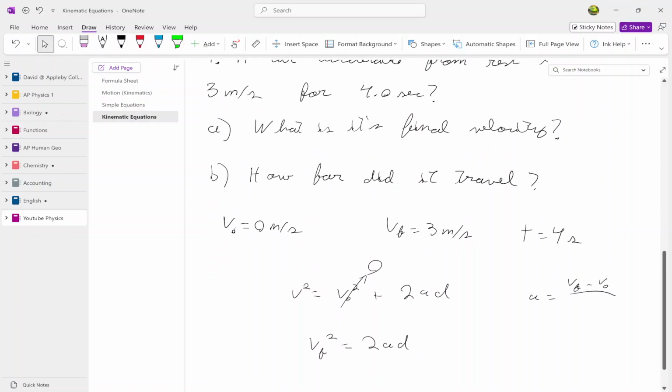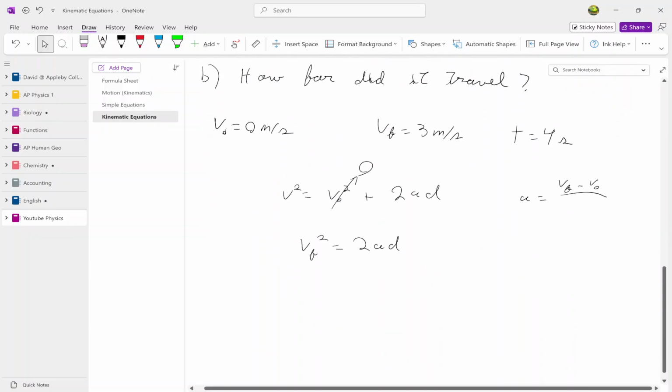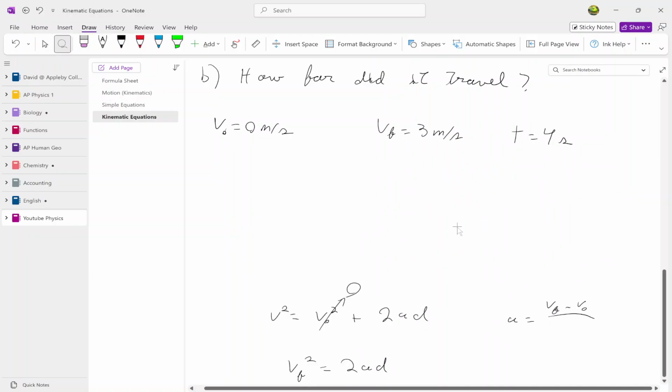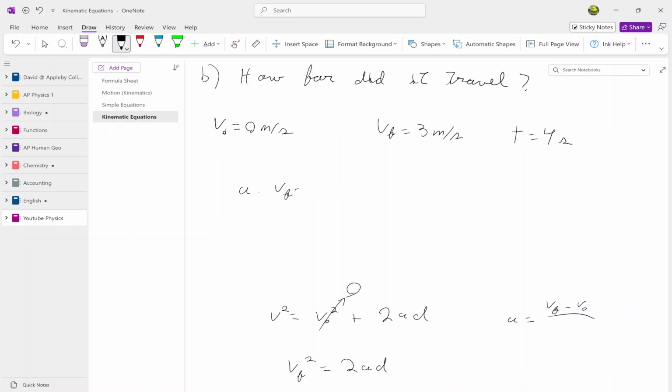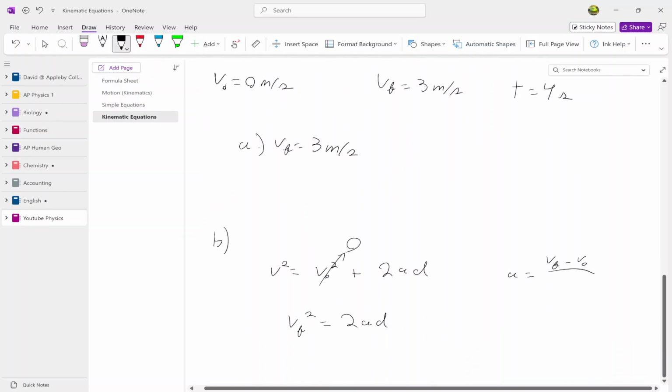Sorry, I skipped over question number A. Oops. Let's move this to the bottom. So A, v final equals 3 meters per second. All right. So that's for A. Now for B, here we go.